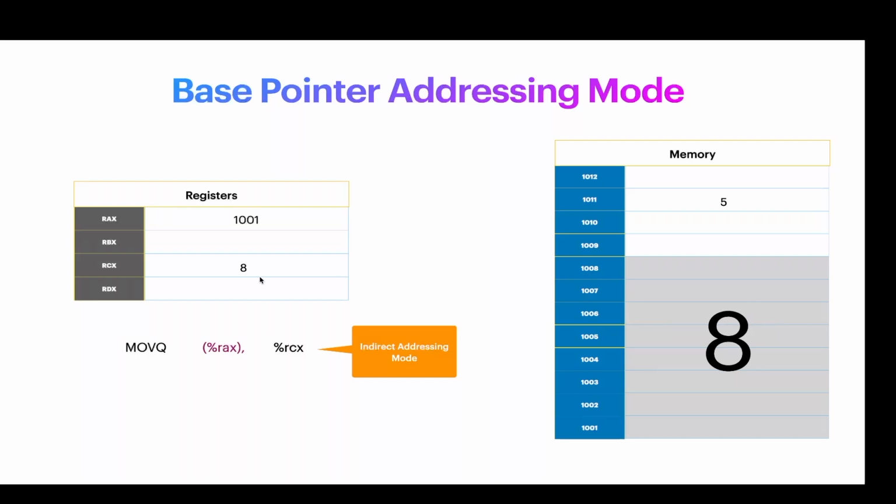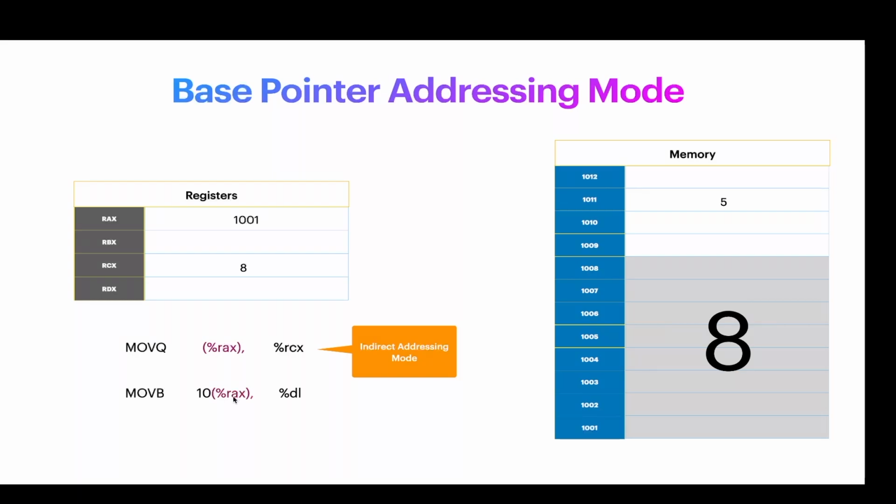The base pointer addressing mode has a slight addition to it. So here's an example. Whatever you did in the indirect addressing mode, you do exactly the same. The only thing is you see a number in front of the parenthesis. So what this says is, this is an offset. Go to the RAX register. Since there's a parenthesis, you have to peek inside the contents of 1001.